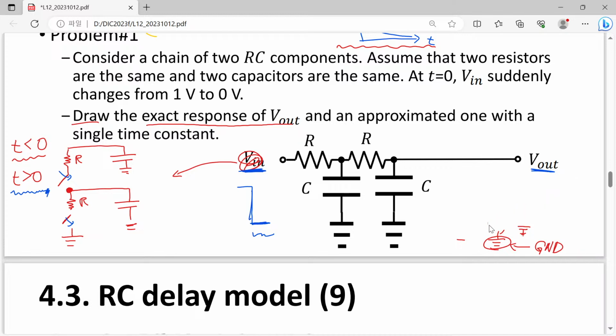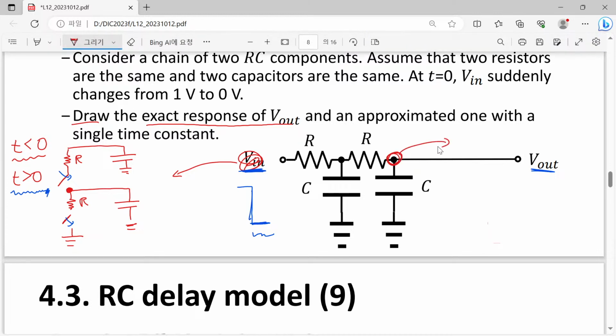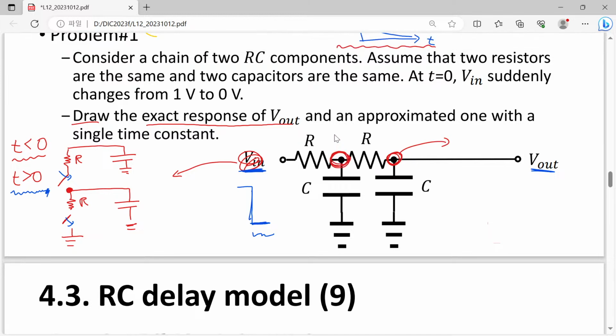Let me modify our homework problem number 1 a little bit. I just asked you to draw this one. And what we are talking about right now is the behavior at this node. Of course, if we follow our approximation, then what will be the tau?